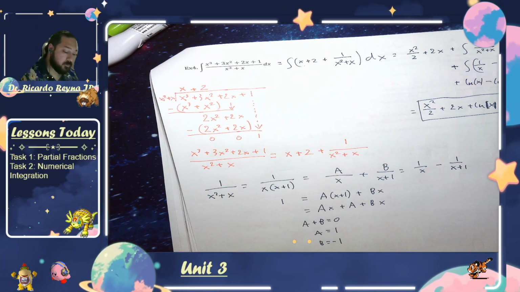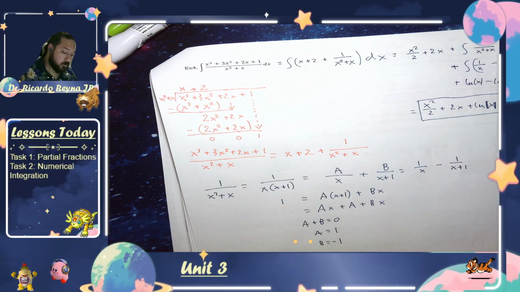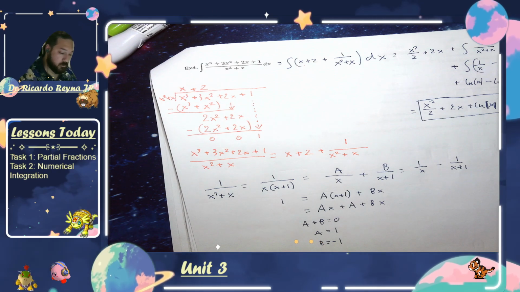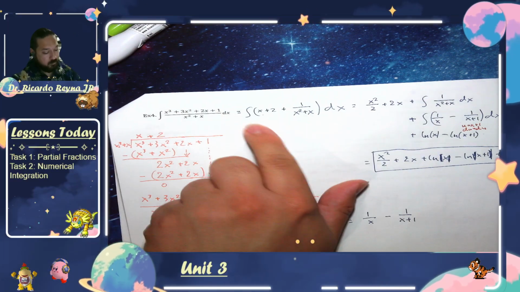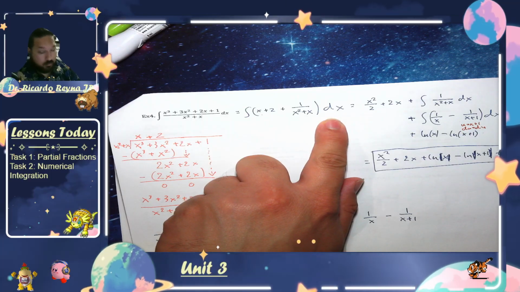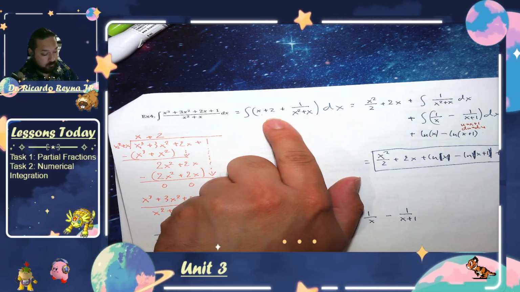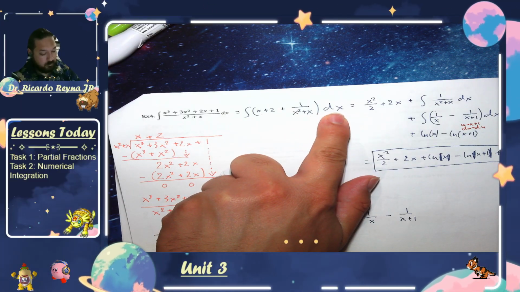All right, so that's pretty much it for this one. Now we have to do, actually let me write it out just so we don't get lost. We have the integral of x plus 2 plus 1 over x squared plus x dx.